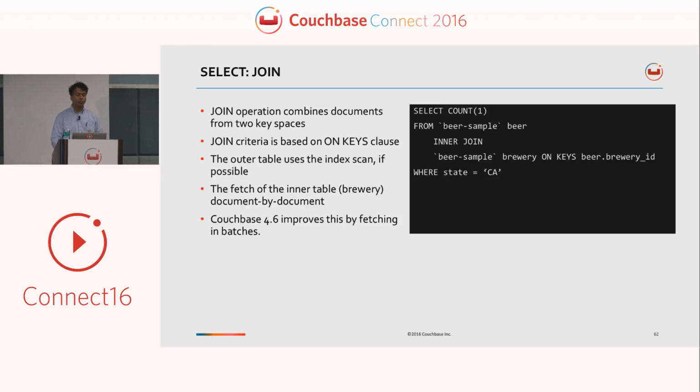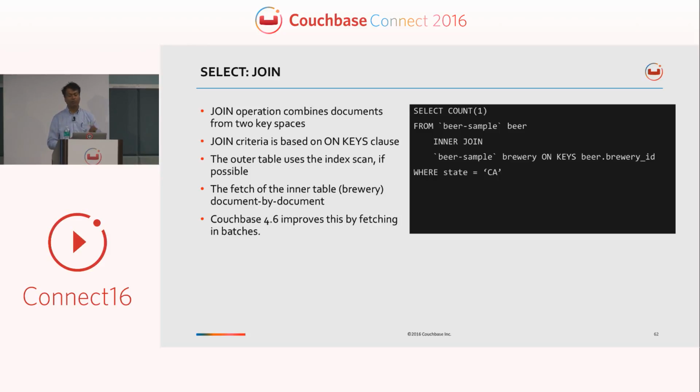Okay, how do you improve join performance using this method? Here I'm trying to count the number of beers by joining the beers with the beer sample on the brewery ID. We use a nested loop method.